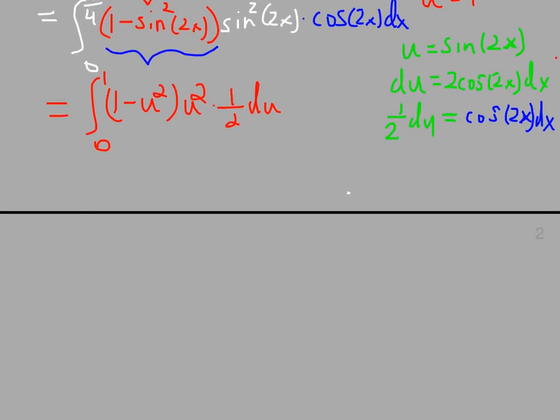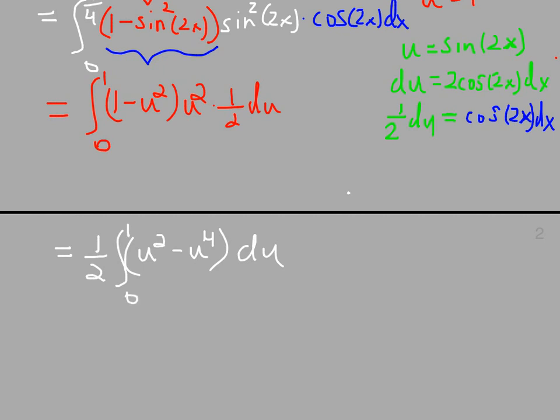Alright, almost done. Let's pull out the half, and let's distribute the u squared across: u squared minus u fourth du, from 0 to 1.